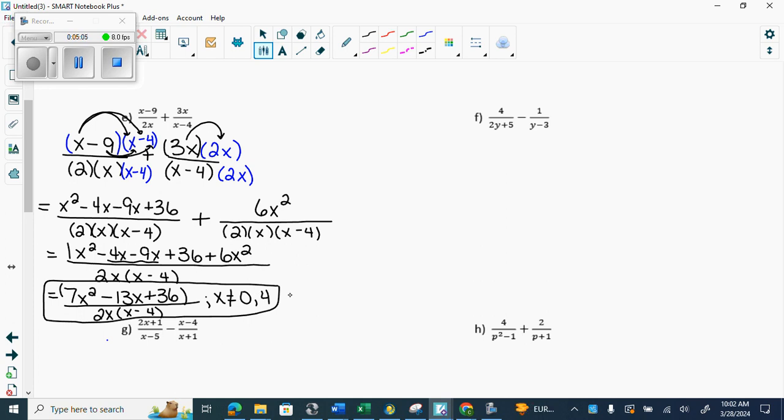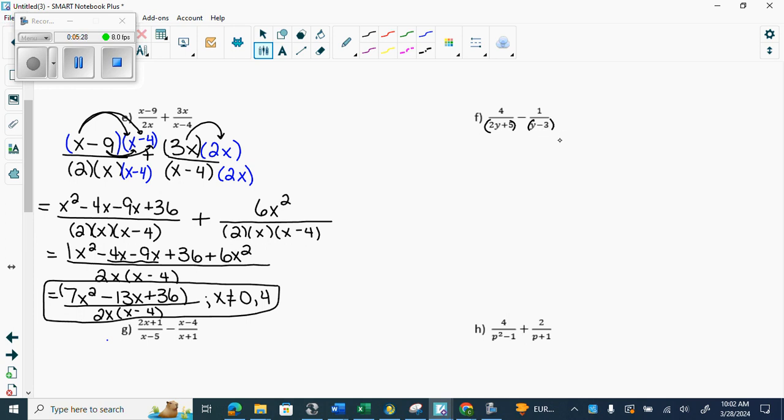Okay, F. If I look at F, I have a 2y plus 5, which is a what? Human or snowball? 2y plus 5. Human or snowball? Human. And y minus 3. Y minus 3? Human. So I have 2 humans.